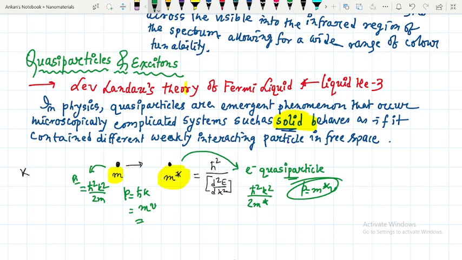So the physical property also gets changed due to the presence of some weak interaction. This makes a difference from the real particle to another particle which is known as the quasi-particle.